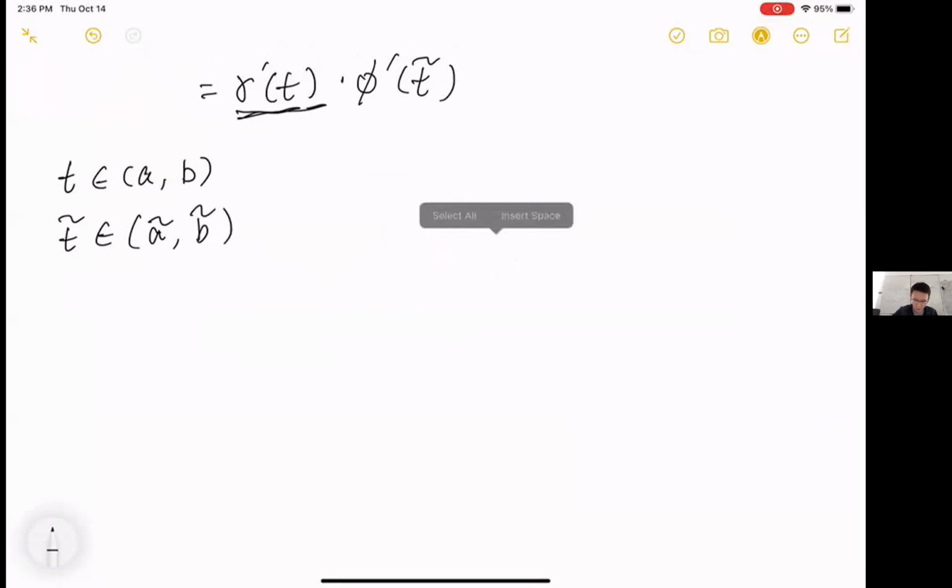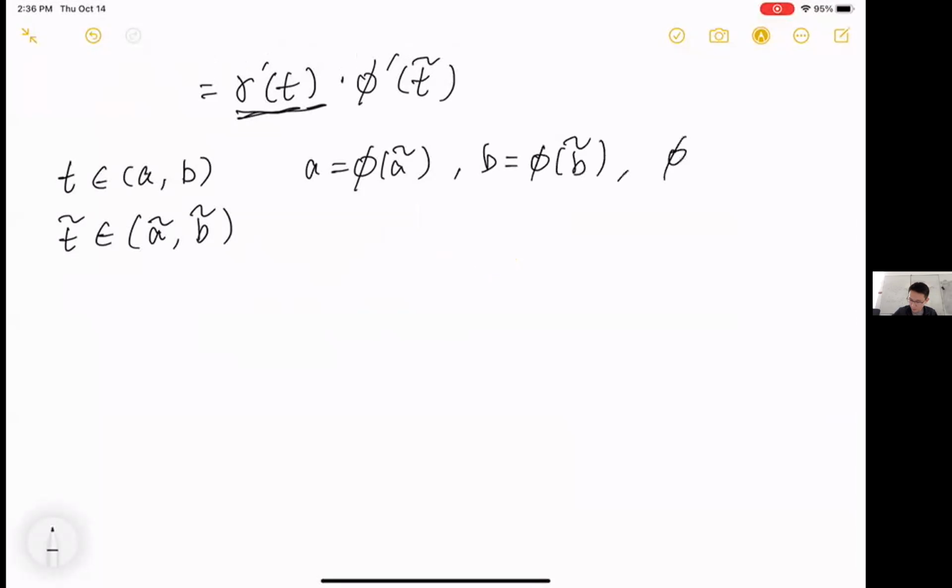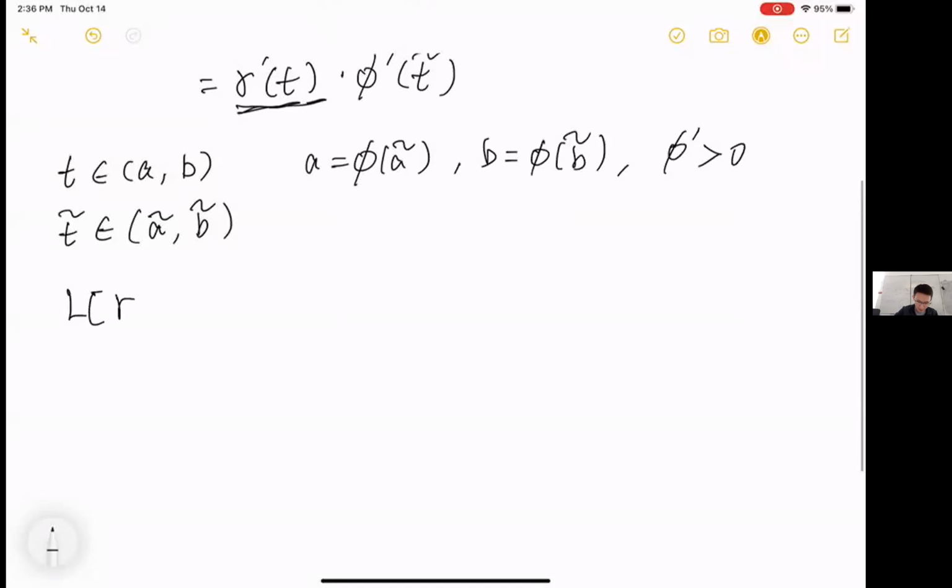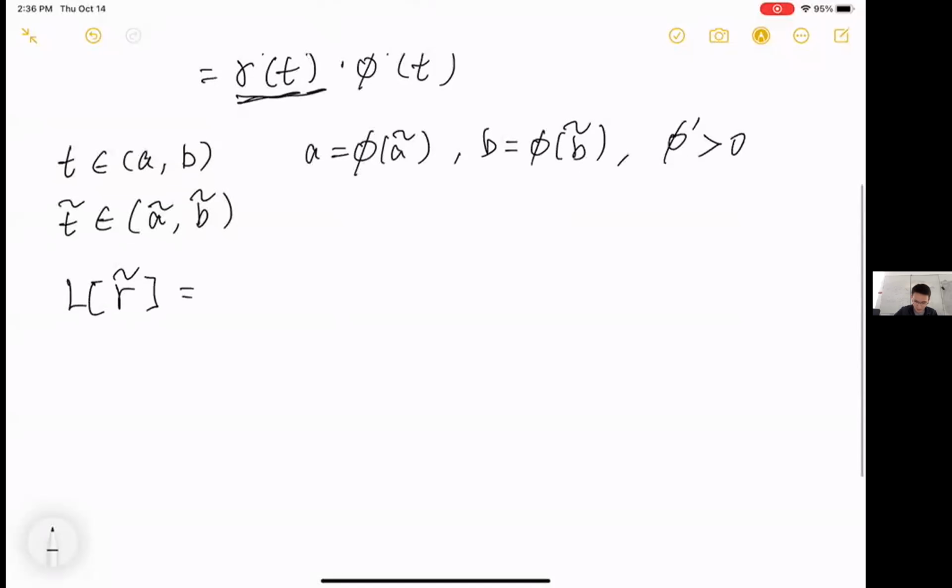Again, we have this phi doing the parameter mapping, and for simplicity, we assume phi has positive derivative. Then I use L for the arc length, and we can compute the arc length for the r tilde parameterization, from A tilde to B tilde. Then just plug it into the formula we saw.